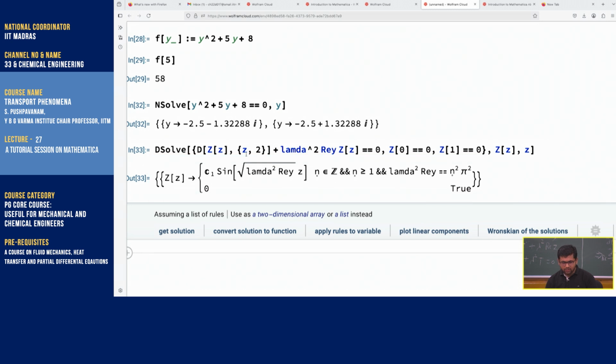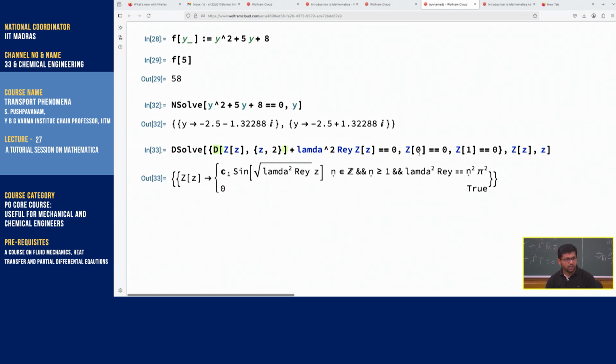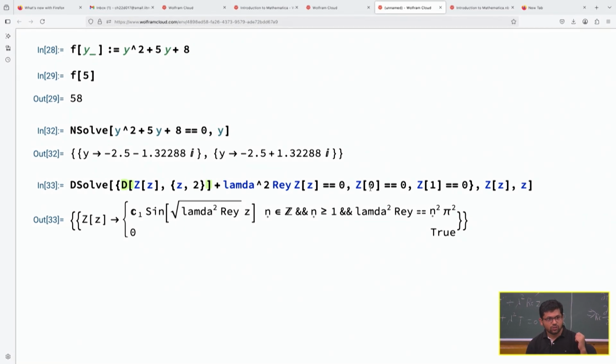The differential equation and boundary conditions are homogeneous. If you put Z equal to 0 in the differential equation and boundary conditions, it always satisfies them. So 0 is always a solution, and that is why Mathematica says 0 is always a solution, whereas Mathematica is so powerful that it also tells us there is another solution in the form of a sine function.